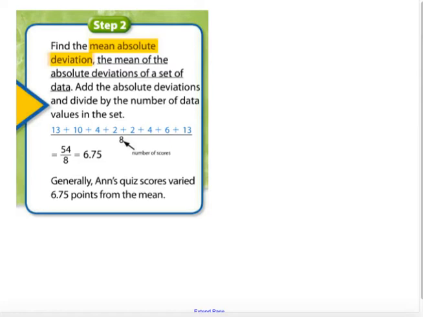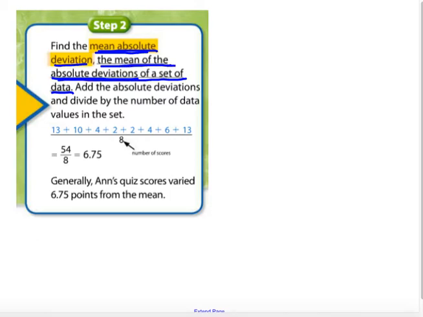The mean absolute deviation is the mean of the absolute deviations of a set of data. In other words, it is nothing more than the mean of what we just found.